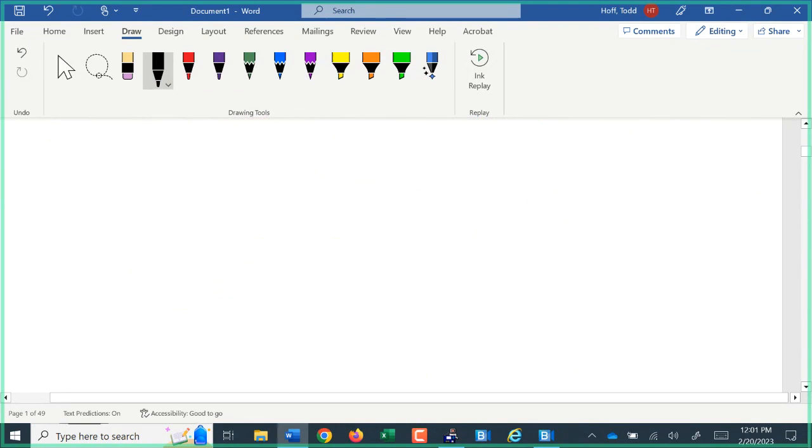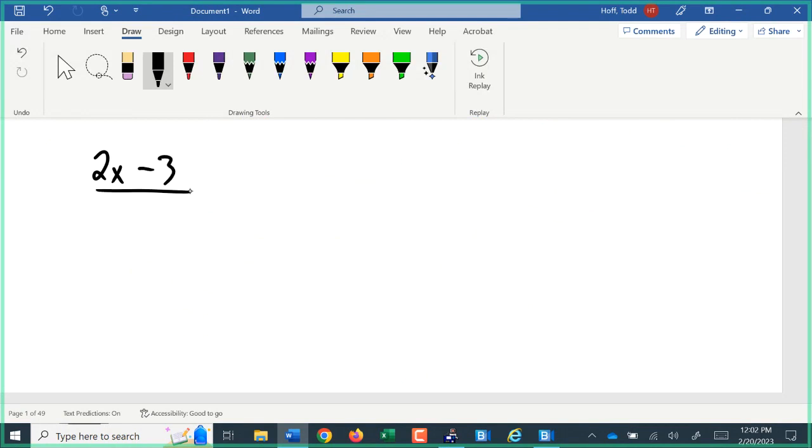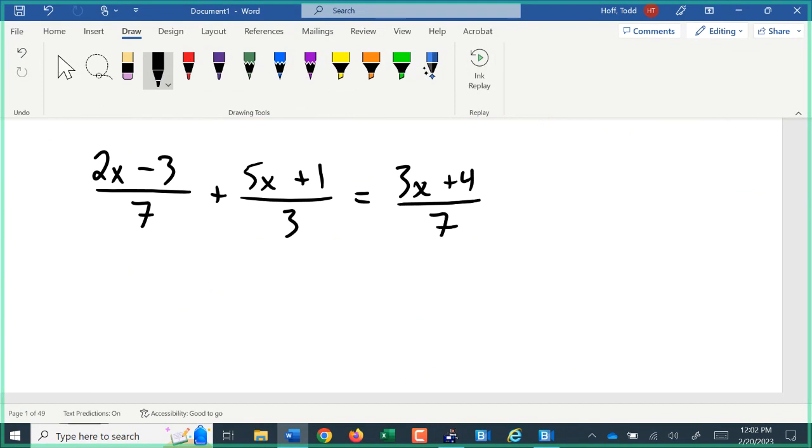There are some equations where we don't have a choice. It's really almost impossible to solve them without using that least common denominator. Those equations might look like this: (2x minus 3) over 7 plus (5x plus 1) over 3 equals (3x plus 4) over 7.